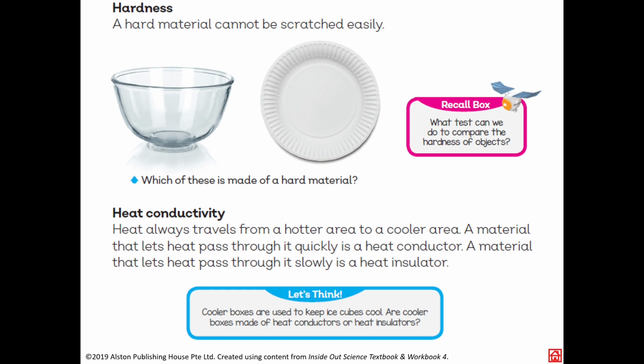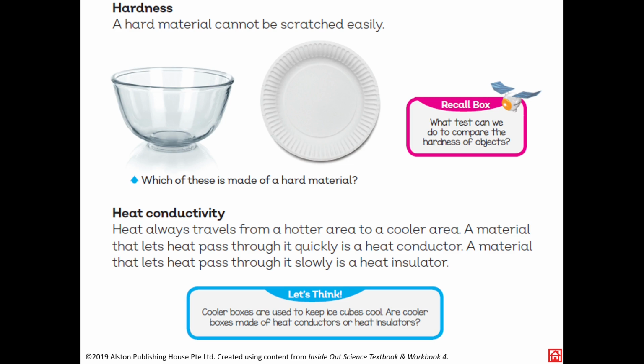Heat conductivity is the ability of the material to let heat pass through it. A heat conductor allows heat to pass through quickly. A heat insulator allows heat to pass through slowly.